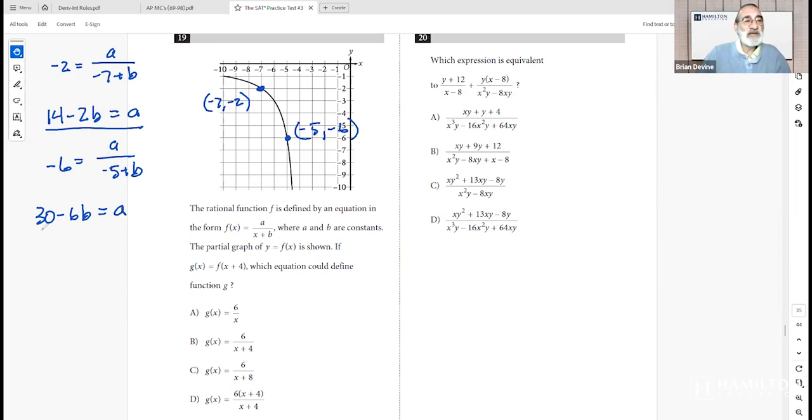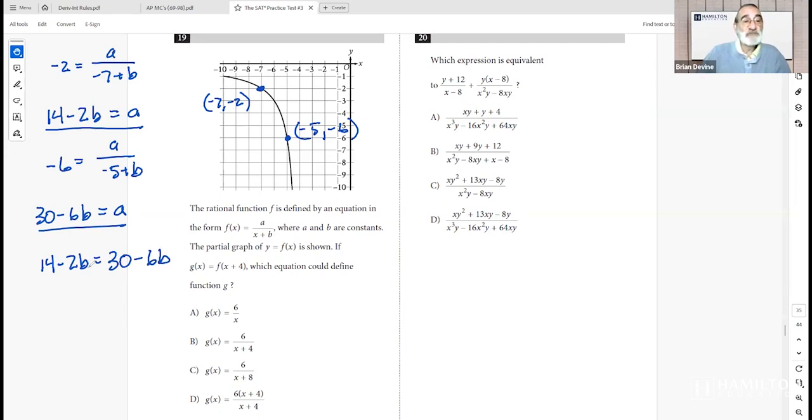So this equals a and this equals a. Well, they both equal a. Then I must have that 14 minus 2b would equal 30 minus 6b.